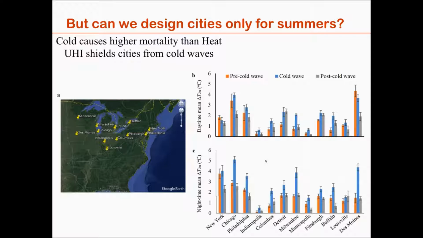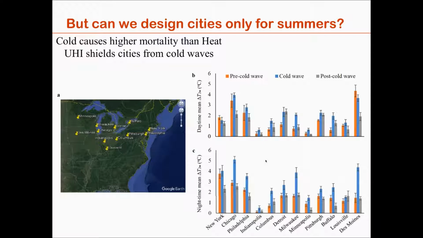So we tend to always obsess with urban heat islands in the summer, but urban heat islands in the winter can actually be beneficial, especially if you look at health data, there is a higher mortality associated with cold excursions than with hot excursions, even in relatively mild weather or mild climatic regions.